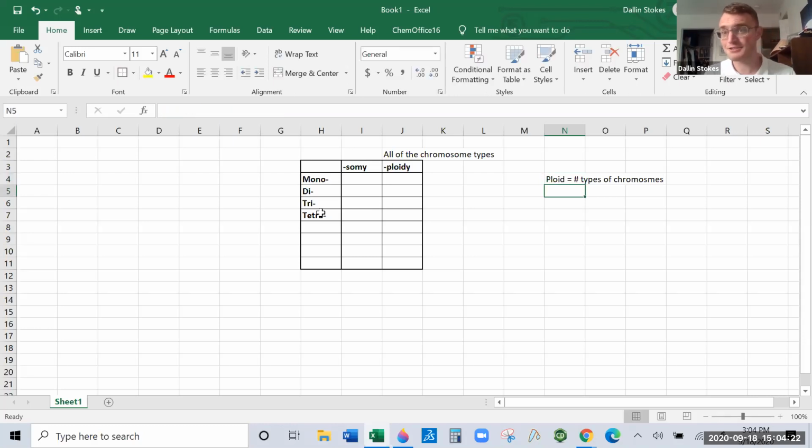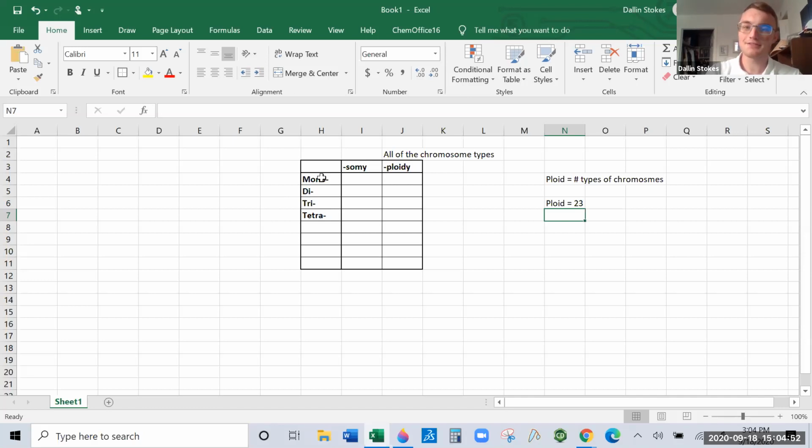So like that plant that had 16 chromosomes normally, they have 2 copies of every chromosome, so that must mean they have 8 types of chromosomes. So that plant would have a ploid number of 8. For humans, we have 23 different kinds of chromosomes, so a human's ploid value is equal to 23. So our ploid is 23 because we have 23 different kinds of chromosome.